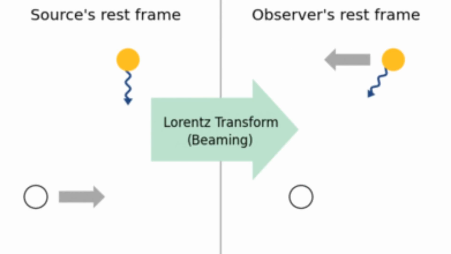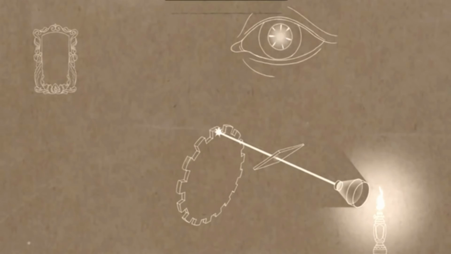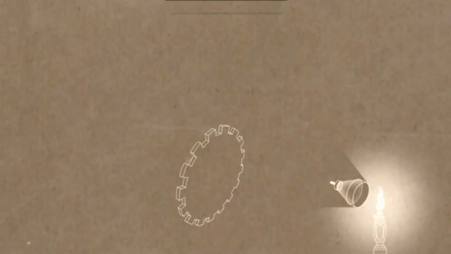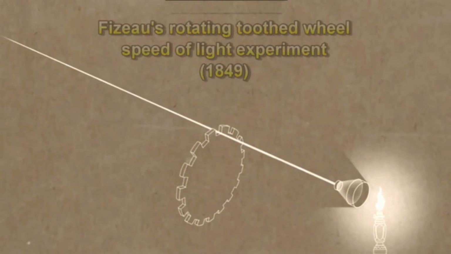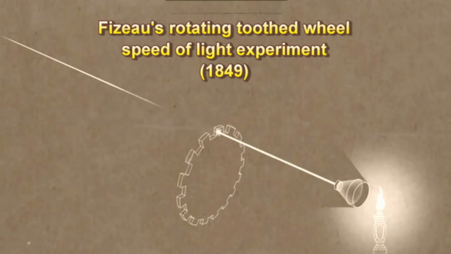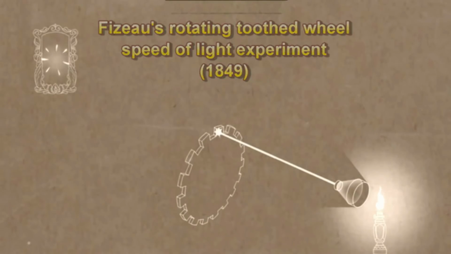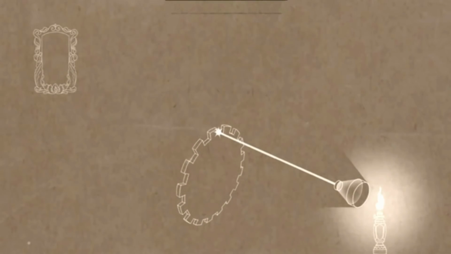The last guy that came up with something new was Mr. Fizeau, and he had a tooth wheel, and he shone light through the wheel. The light either hit the tooth or went through the hole, one of the two. He had this wheel spinning in place, so as the wheel spun, light was able to hit and miss, hit and miss.